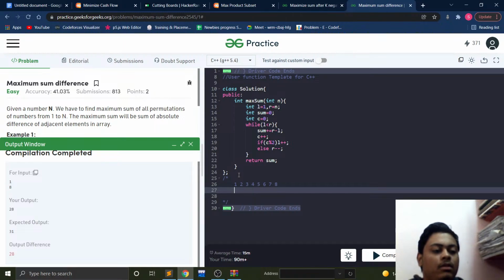We can keep them decreasing odds 5 3 1 and then increasing evens like that.